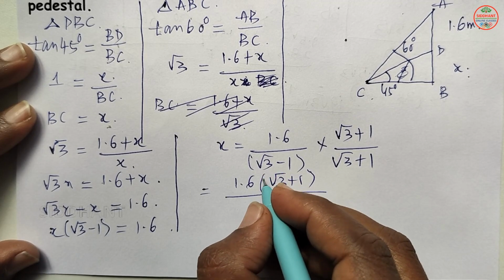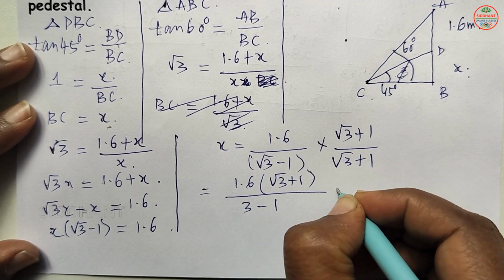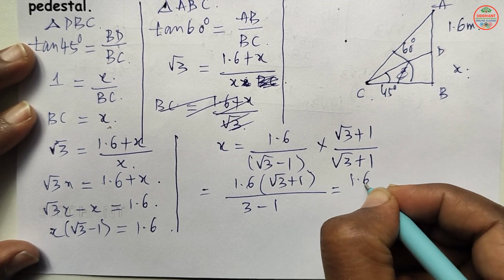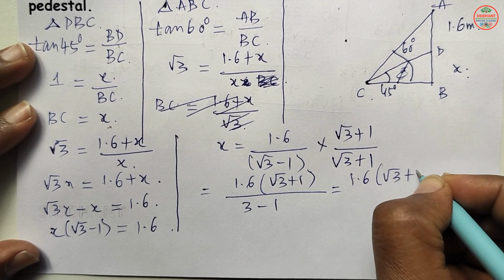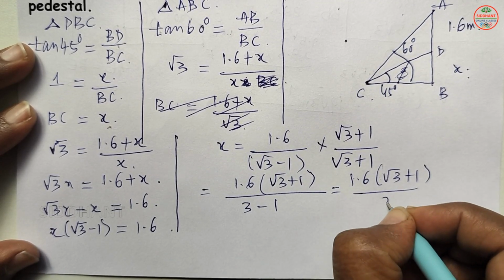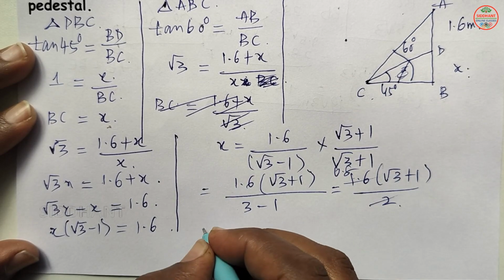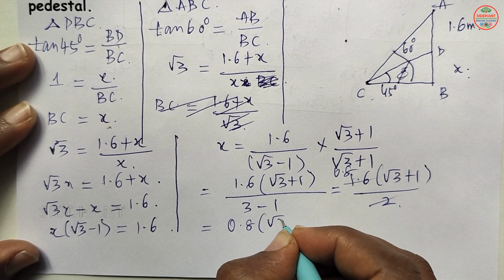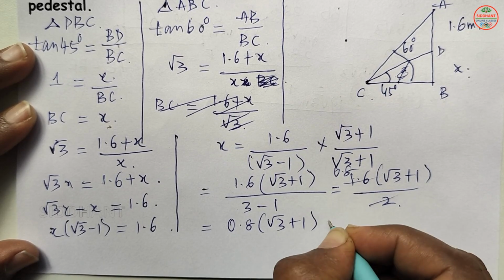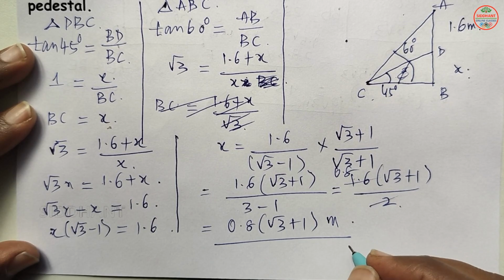Here a square means root 3 square, which is 3, and b square is 1. We get 1.6 root 3 plus 1 by 2, which gives 0.8. So 0.8 root 3 plus 1 meters is the height of the pedestal.